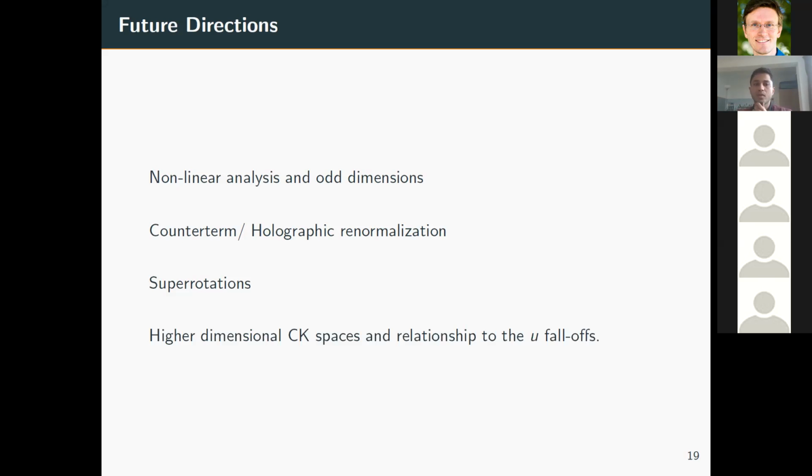And finally, it would be very interesting to study the higher dimensional Christodoulou-Klainerman spaces. What are the conditions that we get, and whether these U fall-offs come out of those.